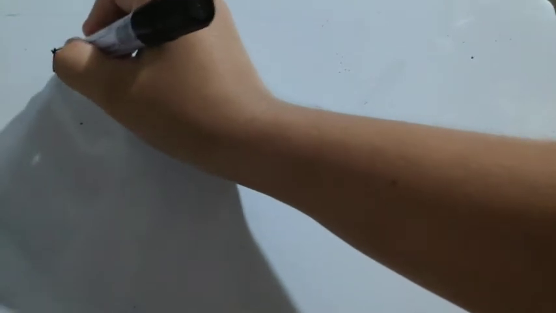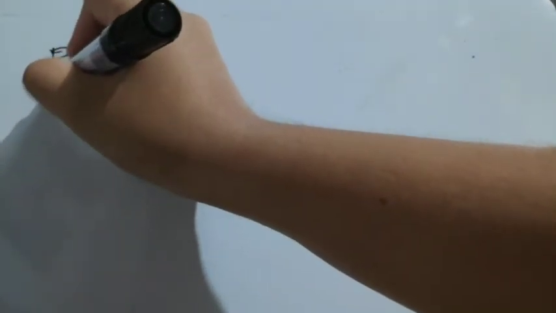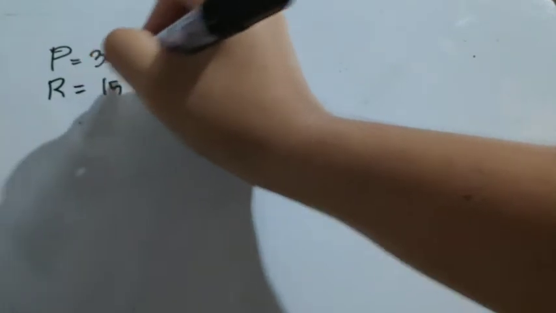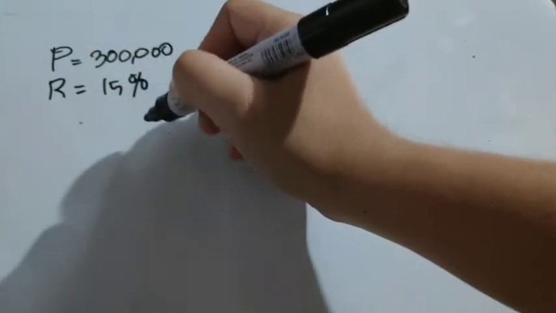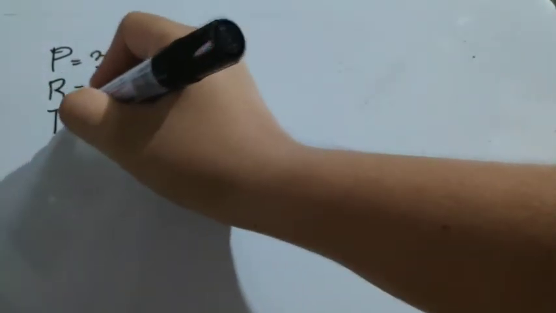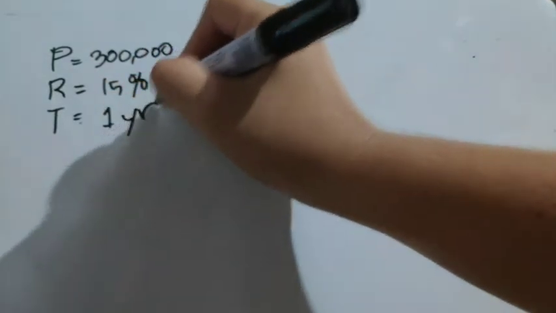First, you have to identify the givens in the problem. The first given is the principal, which is 300,000. Then the rate, which is 15%, and the time, which is 1 year.